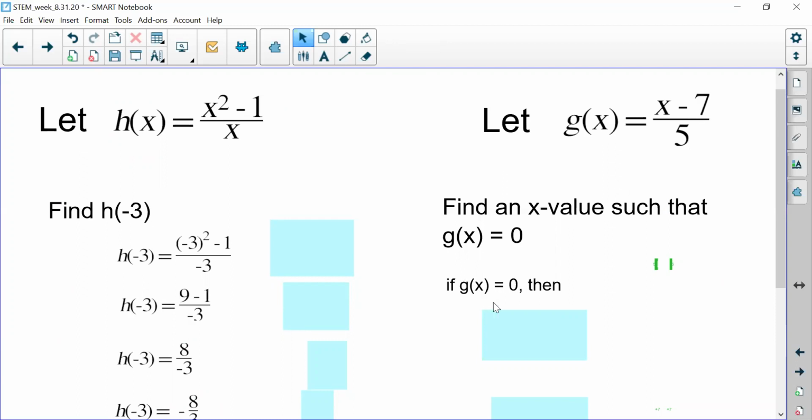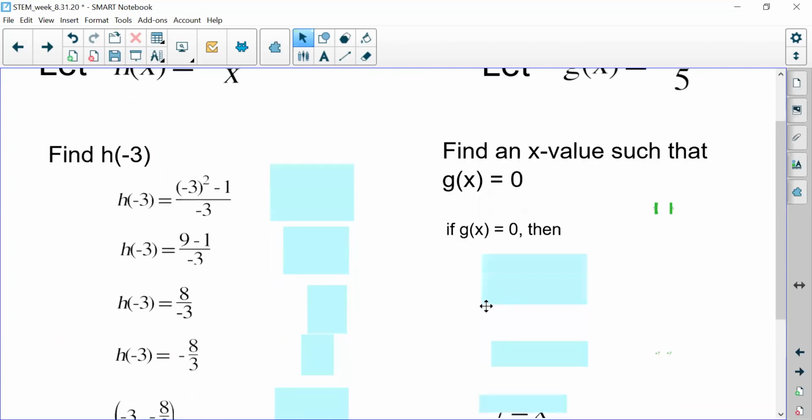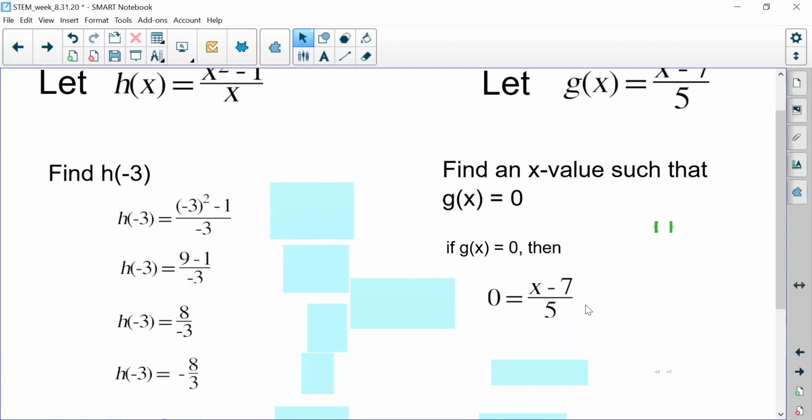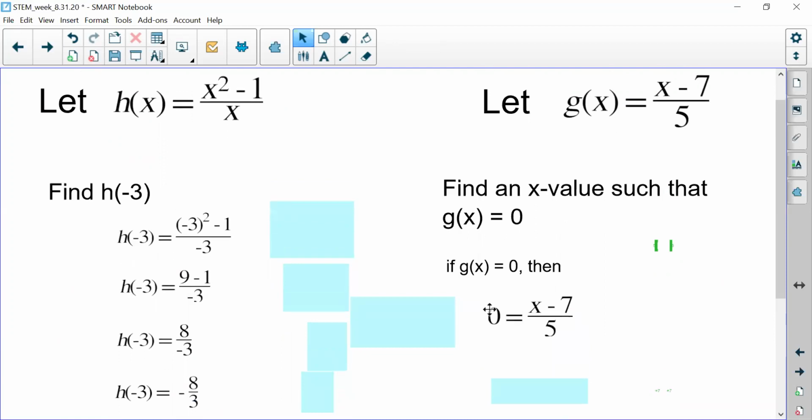And I want to know what x value will make this whole thing equal 0. Well, then 0 equals x minus 7 divided by 5. Do you see how the 0 goes in the y position now? It's not replacing x because I don't know what x is. I want to find out what x is. So 0 is the result.